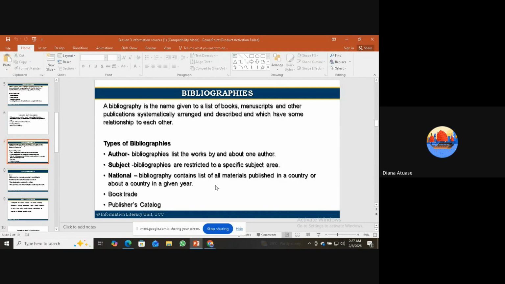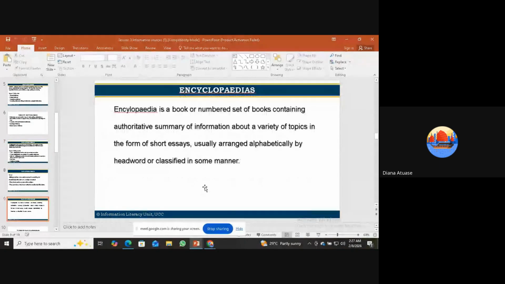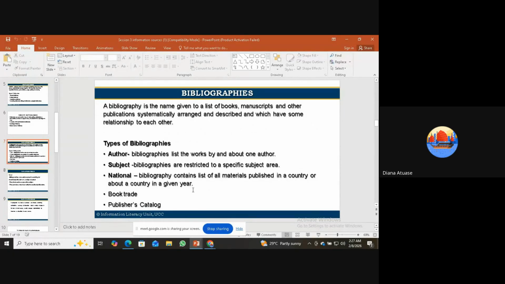Then we also have the book trade, and mostly this one is also just a listing of publications on various organizations, lists of works of the various organizations in a particular country.